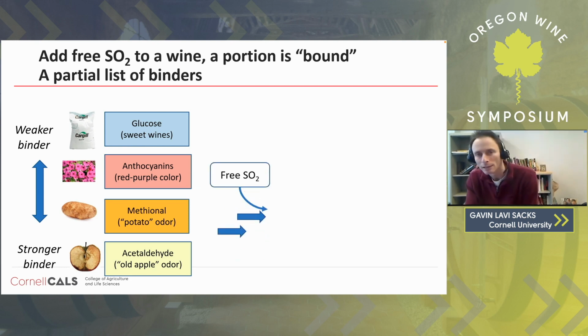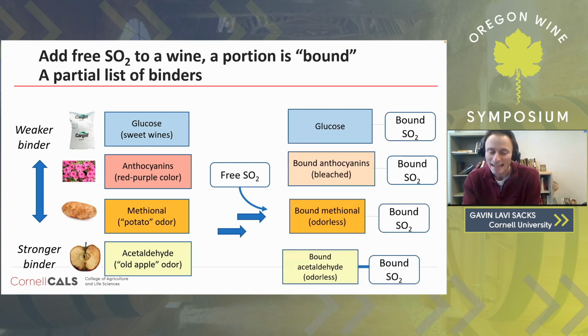Other compounds in wine that are also binders are weaker binders. For example, methionine, present at much lower concentrations than acetaldehyde, but a very potent odorant, and it contributes to the oxidized smell of oxidized wines. Anthocyanins, which have a reddish purple color, those key pigments. Glucose, high concentrations in sweet wines.